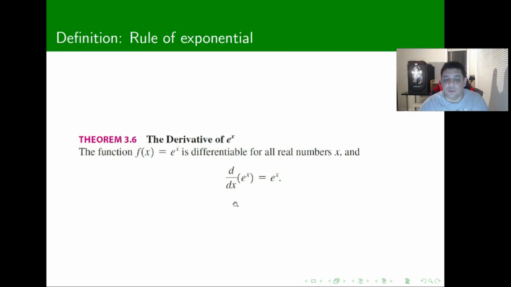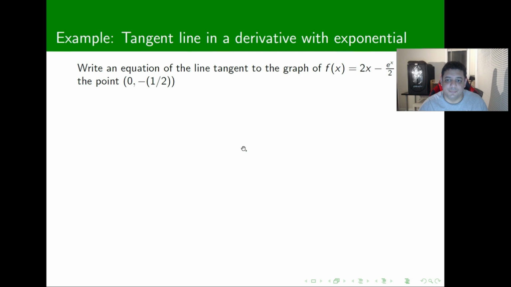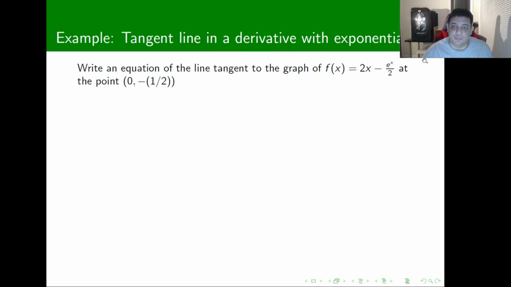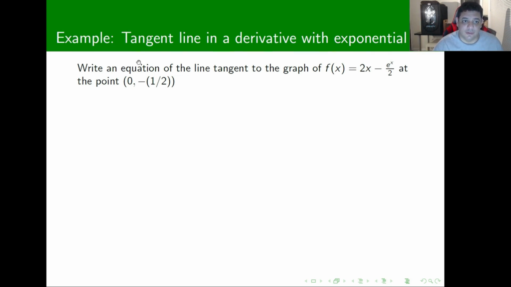All right, so the rule here will be that the derivative of the exponential is still going to be the exponential. Okay? Thanks to that, we can now do a little bit more complex examples. So now let's do the tangent line.